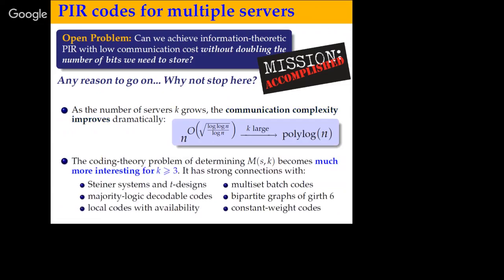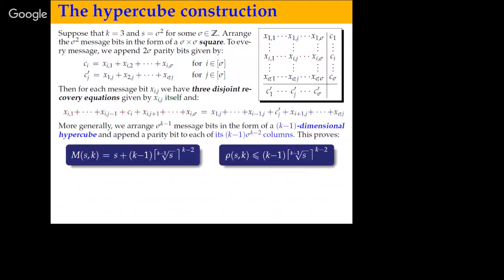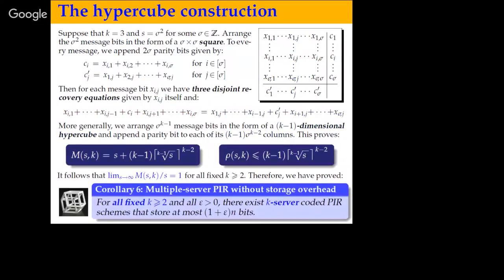Now I can restate that result for all fixed k. I can take a k-server PIR protocol, whose complexity will become smaller with larger k, and I can emulate that, no matter what k is, with this storage order.